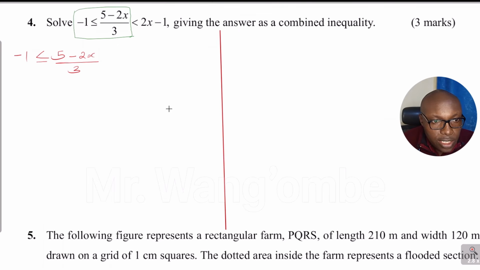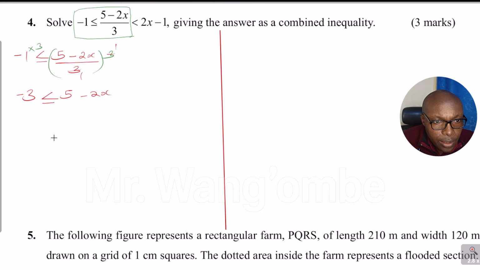X is on the right hand side, so I'll need to eliminate everything from the right hand side in order to remain with x. The first thing I will do is multiply both sides of this inequality by 3. So I get negative 3 less than or equal to 5 subtract 2x.